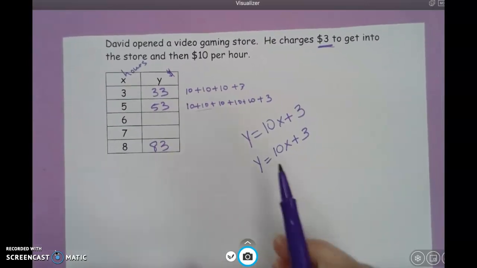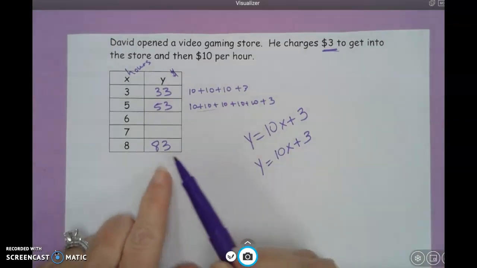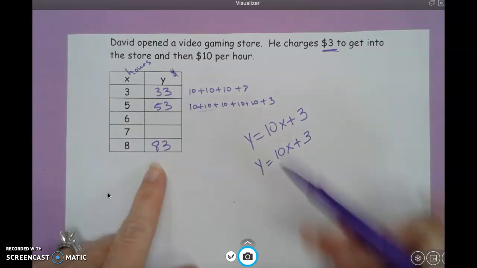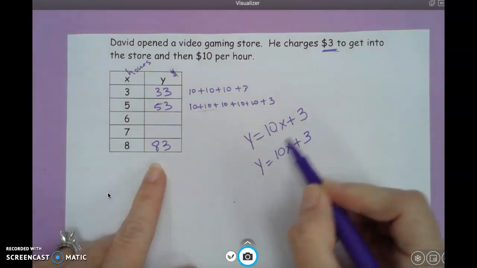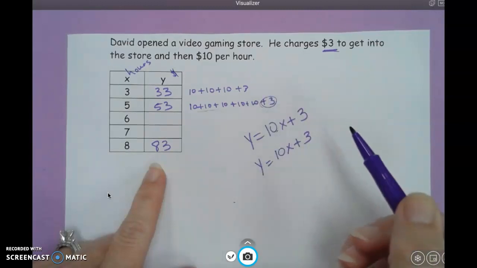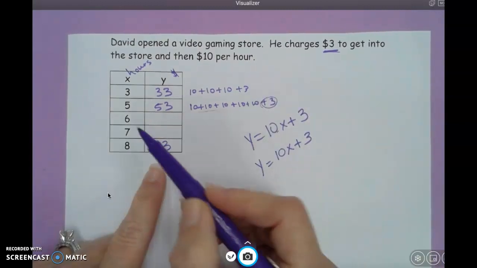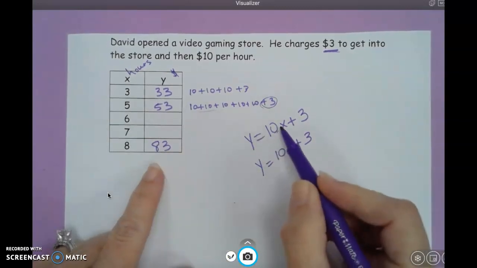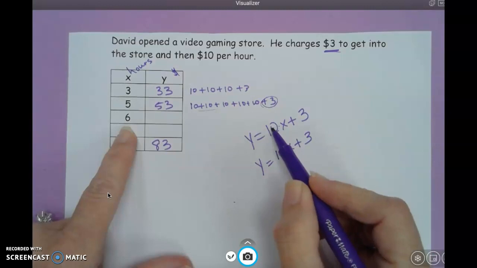But anyway, what we were saying is if we say 8 times 10 is going to be 80, and then plus the 3. Plus this 3, which is the $3 to get in. Whether we go to the 6 or the 7, we're going to say 6 times 10, because it's going to be $10 per hour.